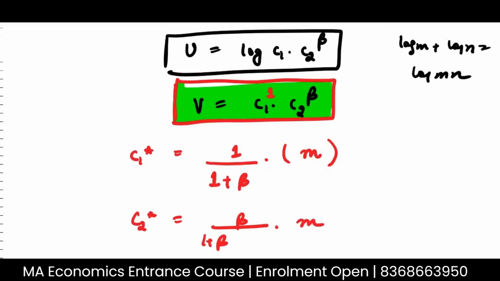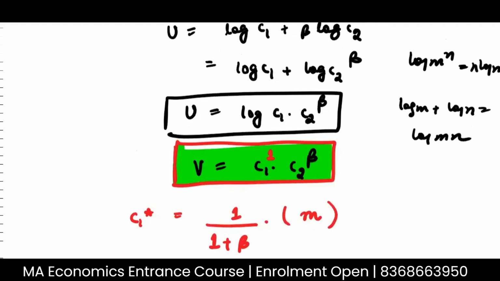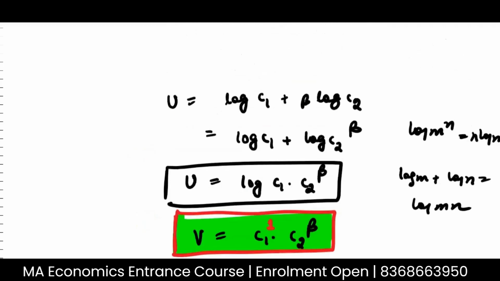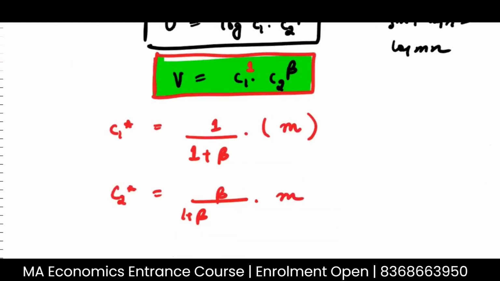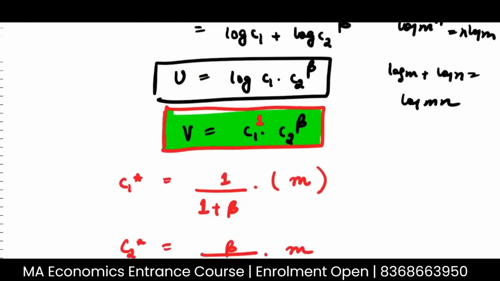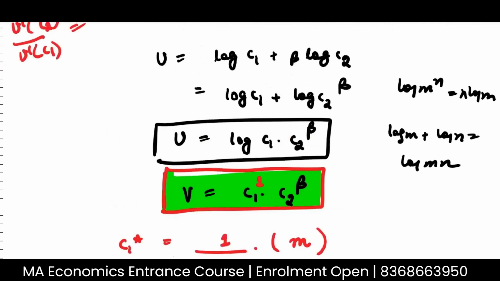So actually, I just have to go ahead. We have done it through various ways. In the last class, I did it through this method: U dash C2 upon U dash C1 is equal to the ratio of 1 plus R upon 1 plus delta. That's also another way; you can use that condition also. Or you can see that this is a monotonic transformation of your Cobb-Douglas function.